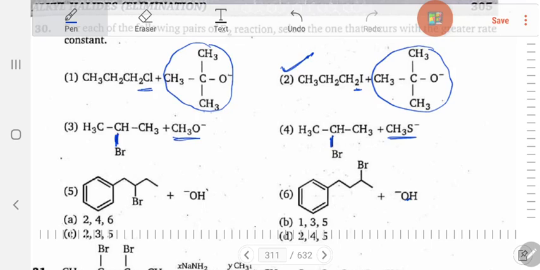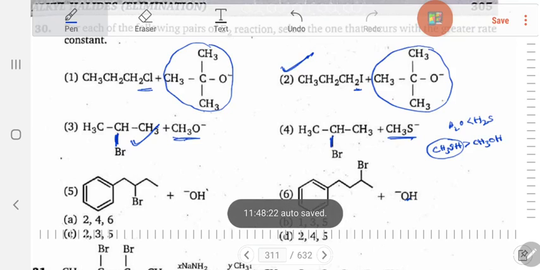A strong acid's conjugate base is weak. Among H2O and H2S, which is the stronger acid? H2S is a stronger acid than H2O. Similarly, CH3SH is a stronger acid than CH3OH. If this is a strong acid, its conjugate base is weak. So this is a weak base. This is a strong base. Therefore, here elimination occurs more readily.